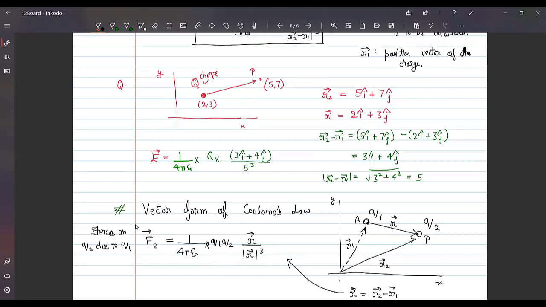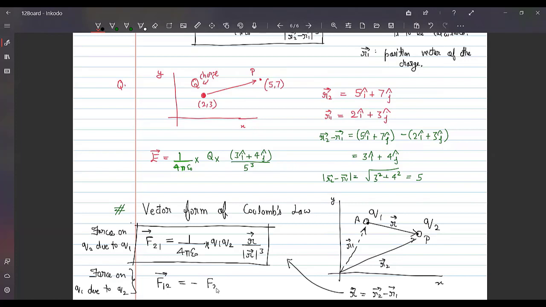This is the vector form of Coulomb's law. So when the positions of two charges are given, you can find the force on one charge due to the other. Also, if you want to find the force on q1 due to q2, this can be easily found. You know that the force on 1 due to 2 is the negative of the force on 2 due to 1. Just write the negative sign and you will get the force on the first particle due to the second particle.